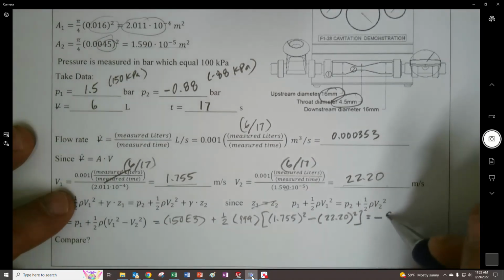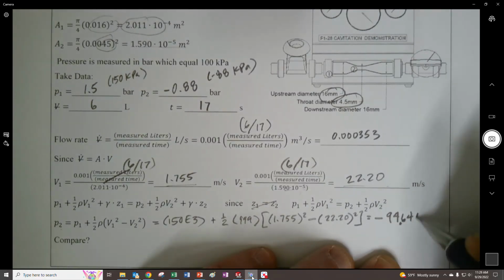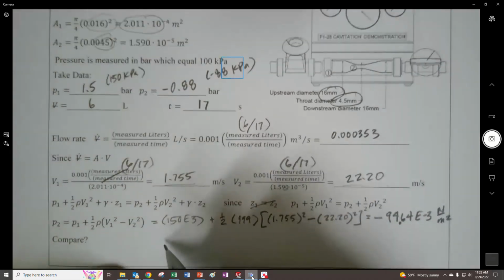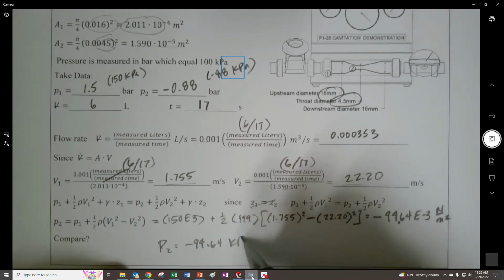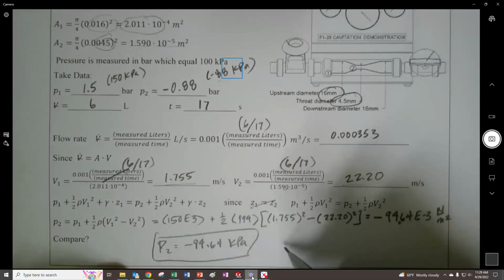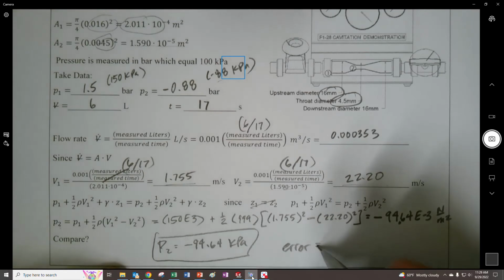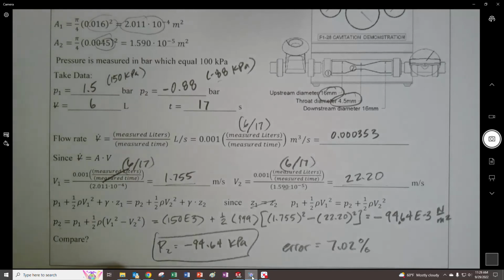I end up with negative 9.464 e to the minus 3... I mean, negative 9.464 times 10 to the 4 newtons per meter squared. So that's actually P2 is negative 94.64 kPa, compared to my 88, right? So that's like an error of 7.02%, right? That ain't terrible.